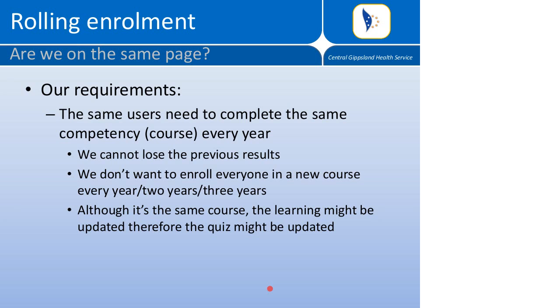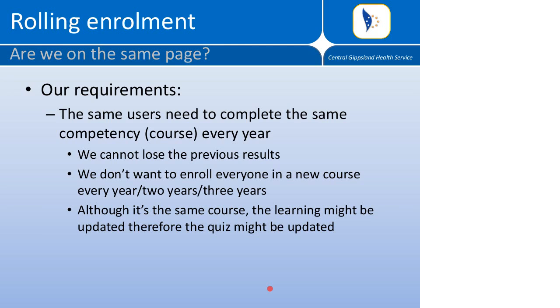So let me set the scene up. We just want to make sure we're talking about the same thing. Rolling enrolment to me and to this organisation means that we have the same users that need to complete the same course every year. So we have competencies that will be called the same thing year in, year out, but things might change along the way.